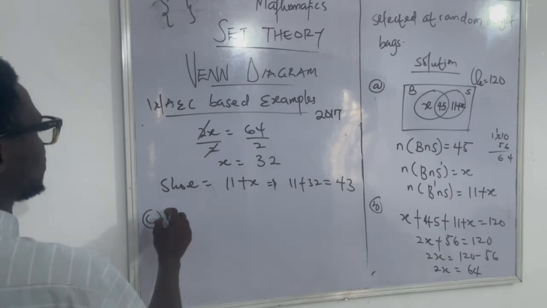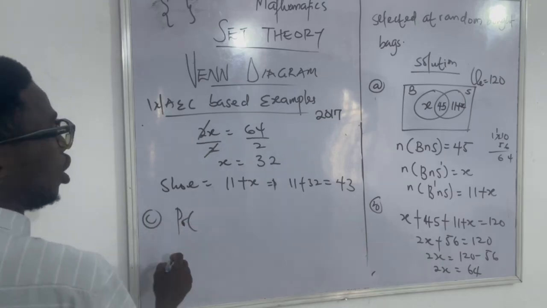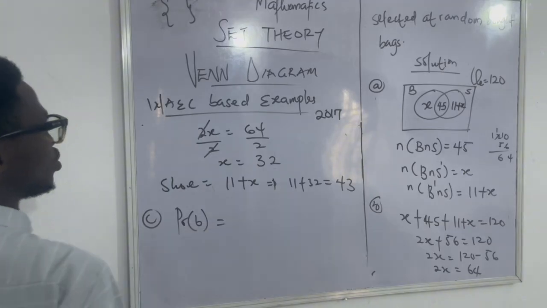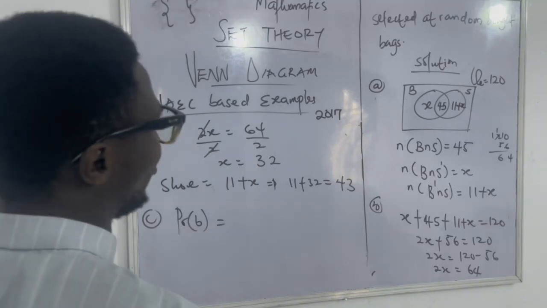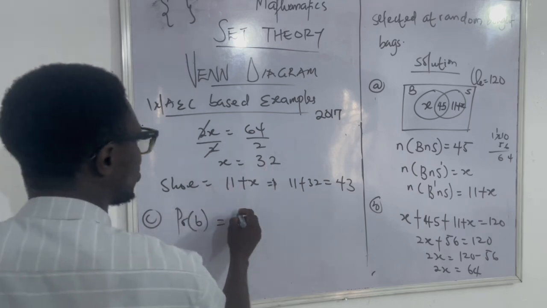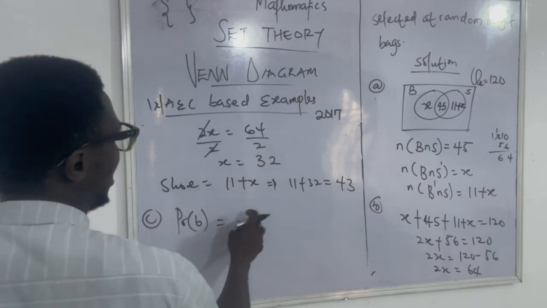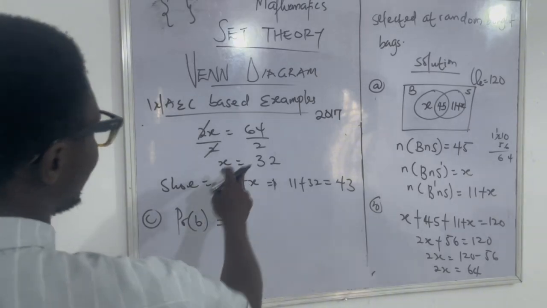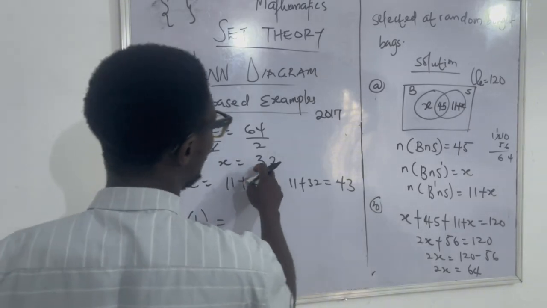So the question says the probability of selecting bags. What is the number of bags that we have? The number of bags that we have is 32.